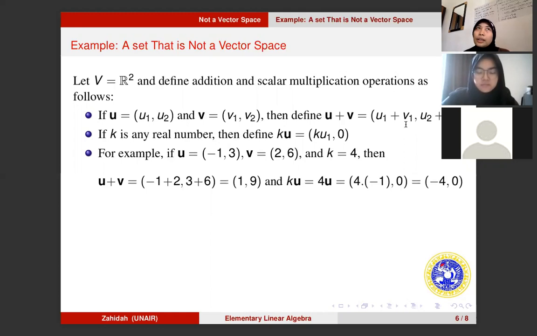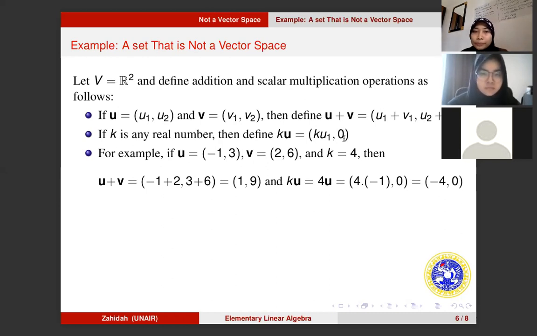This is the standard addition. But for scalar multiplication, it's not the standard multiplication. We have k, a scalar or real number here. Then define k times u equals k times the first component of u. The second component is always 0.